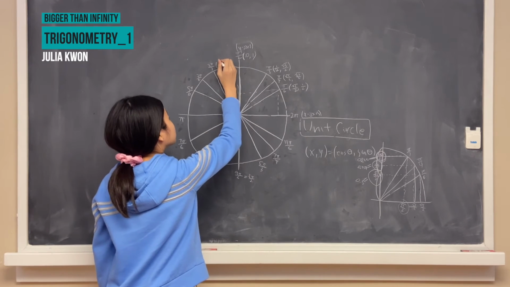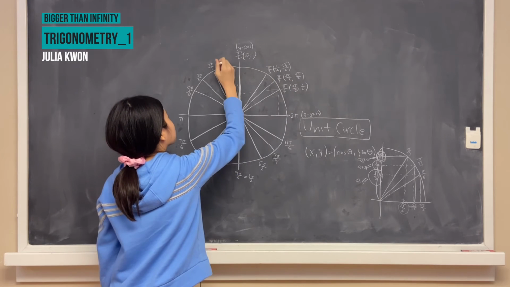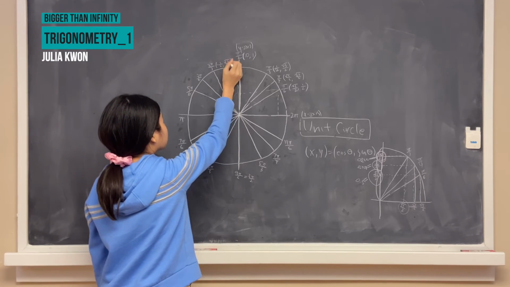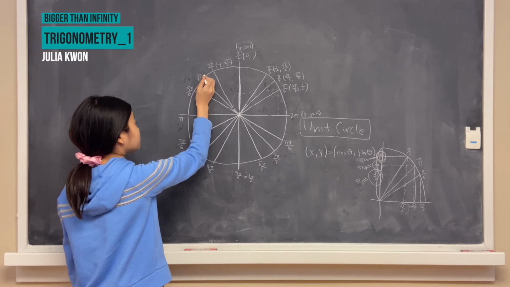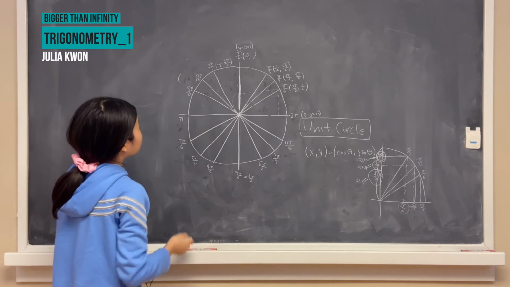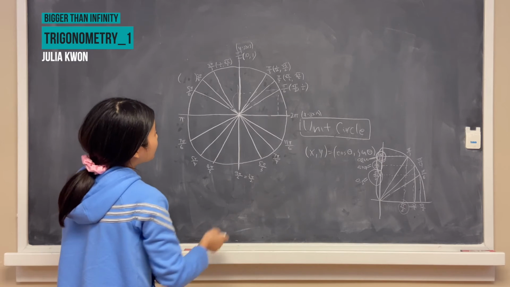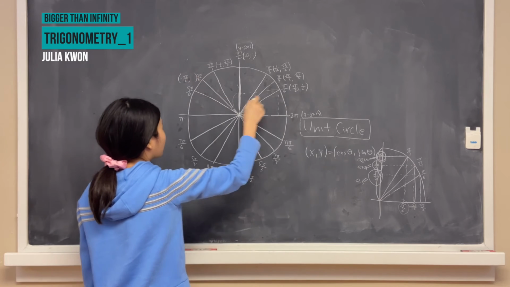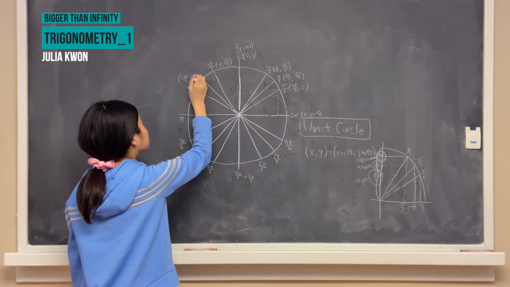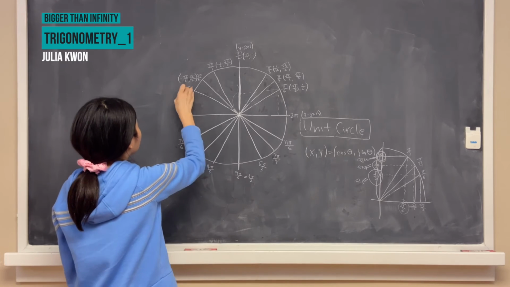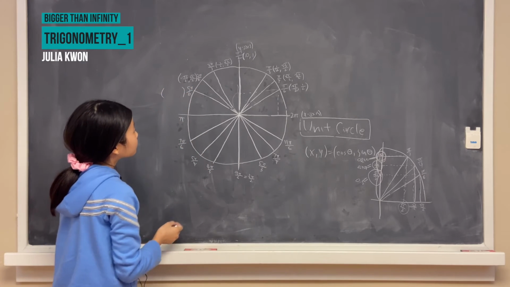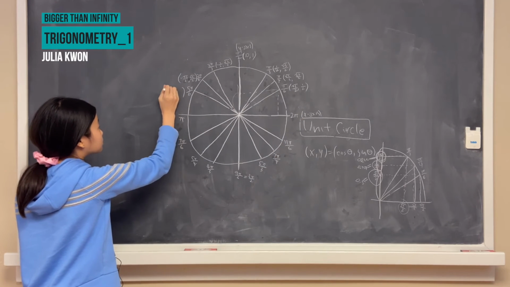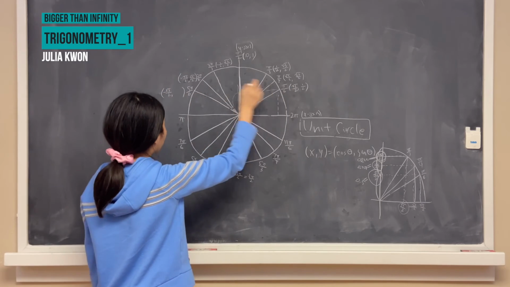So everything is the same except the front is negative. So negative 1/2, comma, positive square root of 3 over 2. For 3 pi over 4, we would have negative square root of 2 over 2, comma, positive square root of 2 over 2. And for this one here, we would have negative square root of 3 over 2 and positive 1/2.